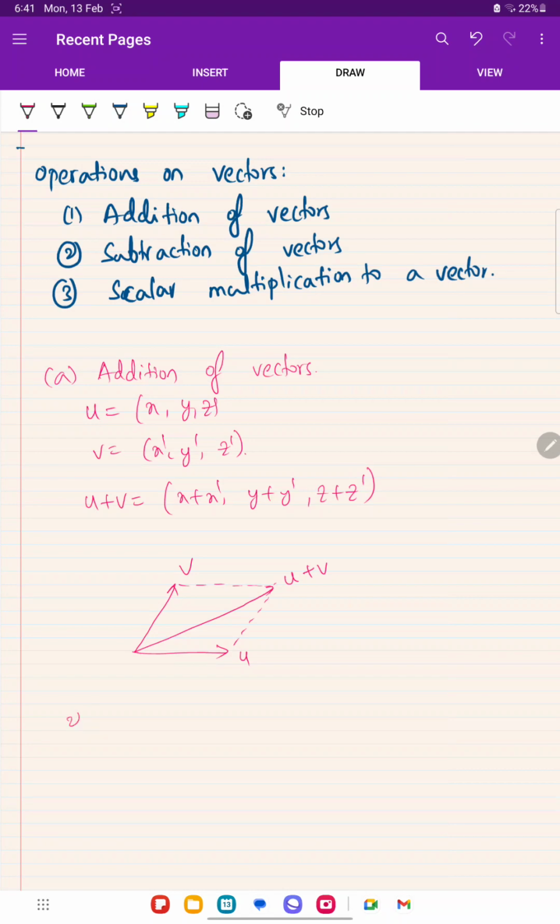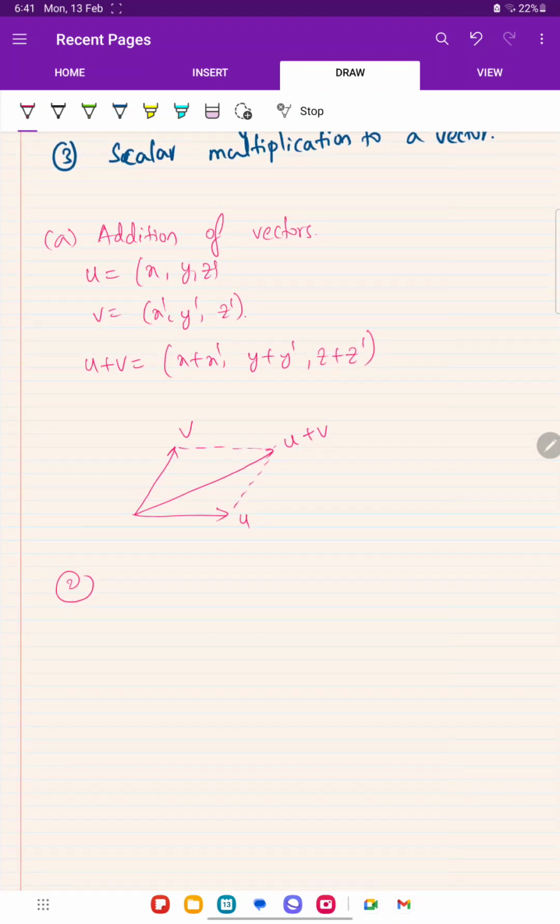The next one is subtraction of vectors. We have vector u as (x, y, z) and vector v as (x', y', z').